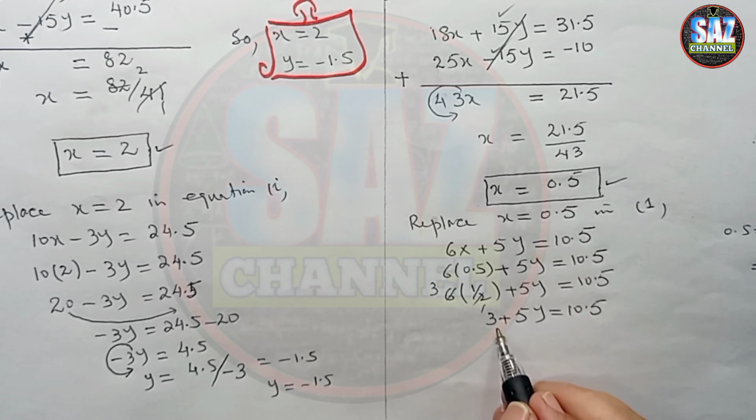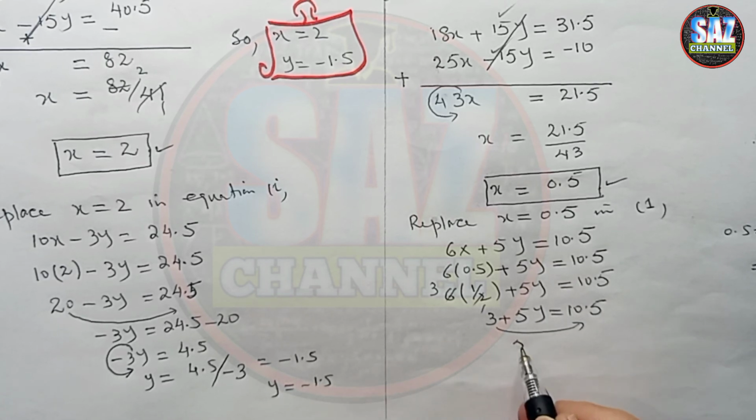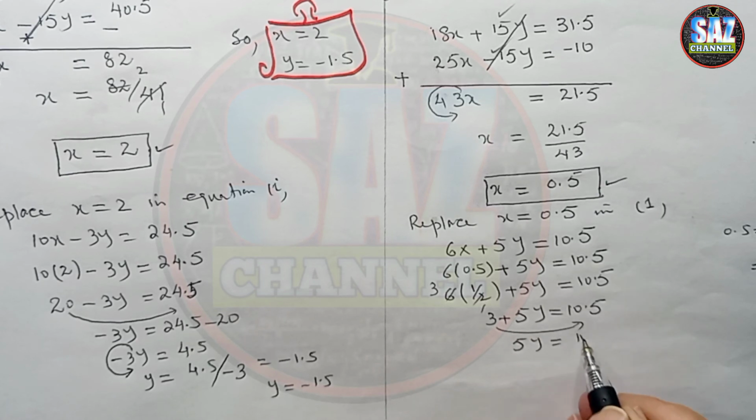Now shift 3 to the other side. This will be 5y equals 10.5 minus 3. This will give me 7.5 equals 5y.